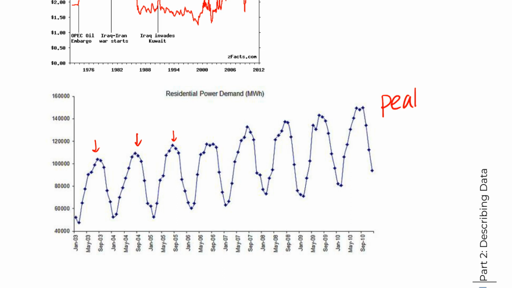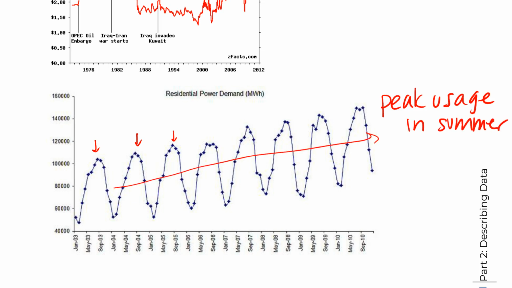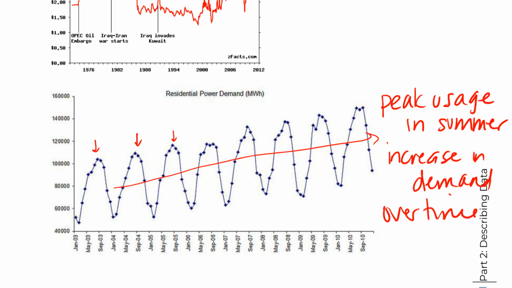Oh, we have peak usage in summer. And beyond that cyclical trend, you can also see it looks like overall there's an increase in usage or demand. So I could give you something like that. I have never, but you know, it's well within things that I think you guys are capable of.